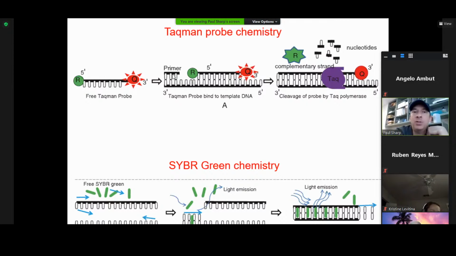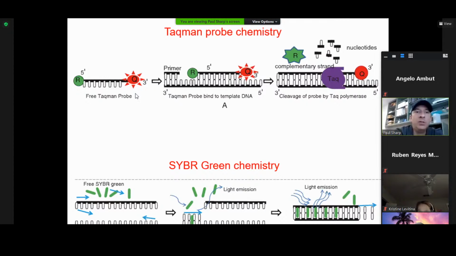And so what happens when the Taq encounters the TaqMan probe? It will end up releasing the reporter from the quencher, and then when that little well in your thermocycler gets hit with a laser, the reporter has the ability to fluoresce, and that will get picked up by a sensor in the well of that thermocycler. Okay, and that's how it works.